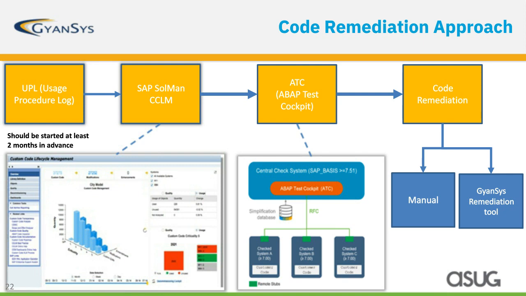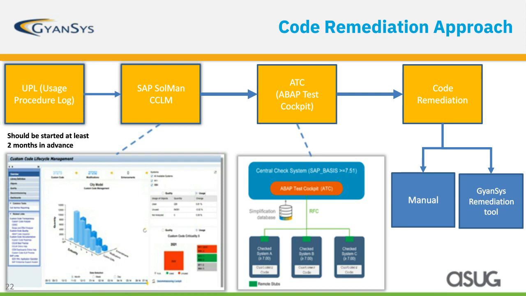The key is that to do the S4 HANA readiness check, we need an SAP Basis system, which ideally should be 7.52 at least, but it works on 7.51 too. So we need a central ATC system, which we will connect with our ECC system to do the analysis of the custom code.